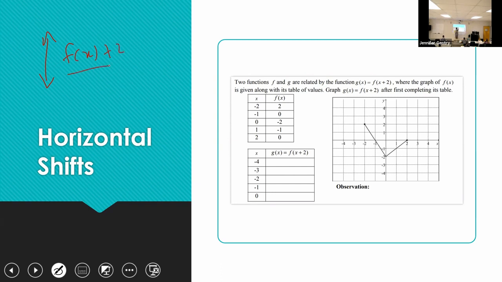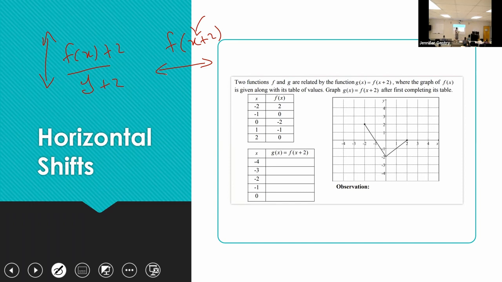So if you're adding something to your y, you're going to go up and down the y-axis. Make sense? Where am I adding it here? To the x, right? Because it's inside the parentheses. When I add it to the x, what axis am I going over? The x-axis. That's how you remember whether you're doing a vertical or horizontal shift. Make sense?